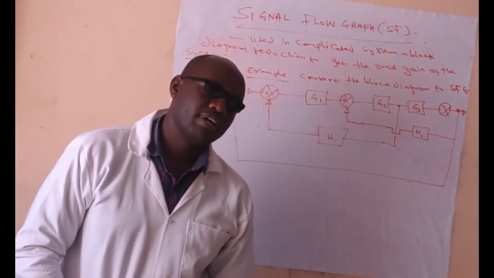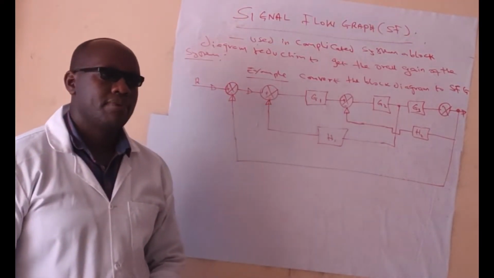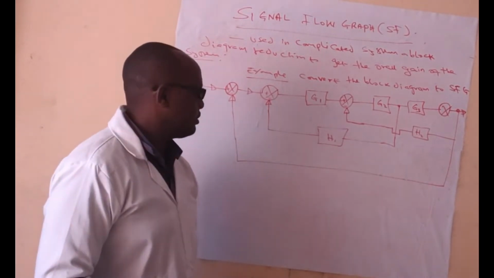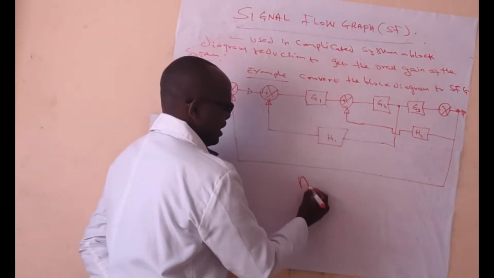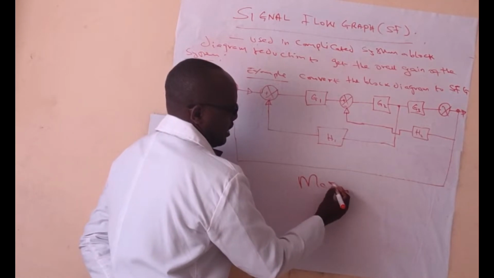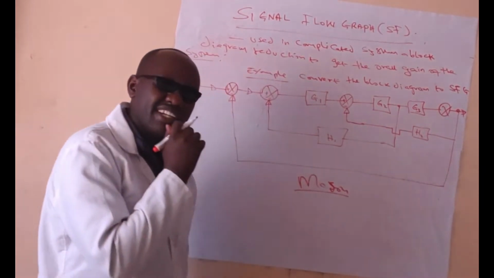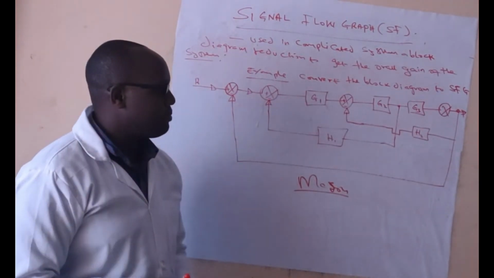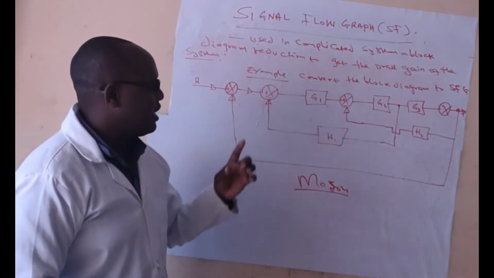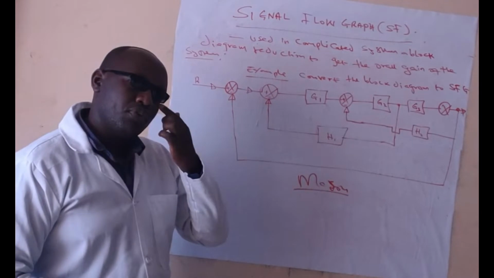The signal flow graph was discovered by a scientist known as Mason. These are the scientists who came up with this flow graph.